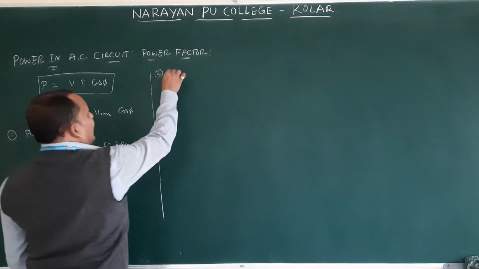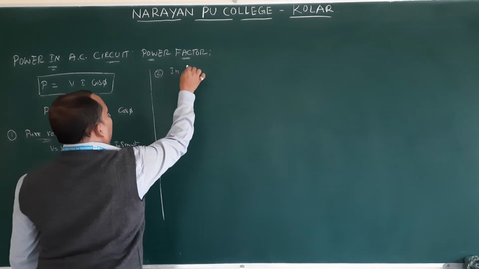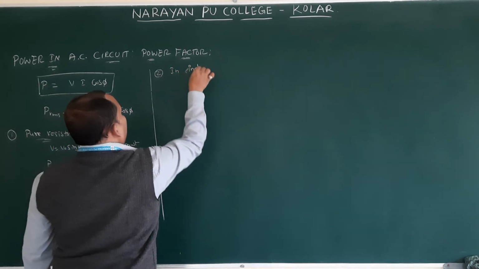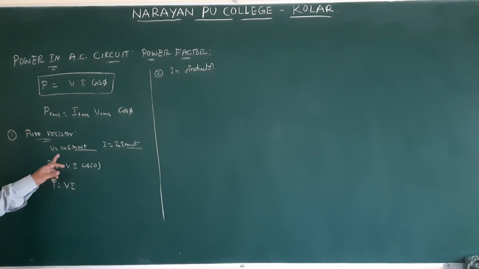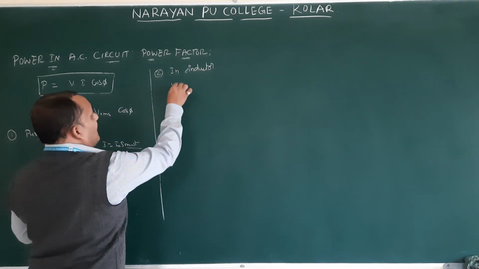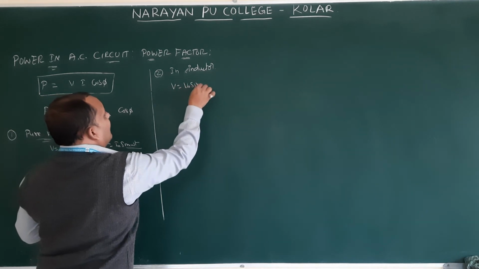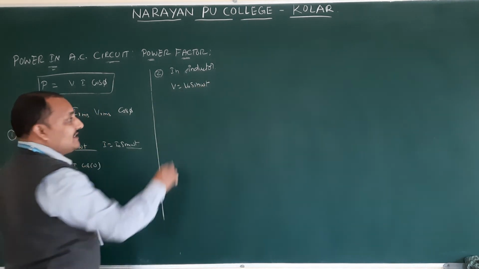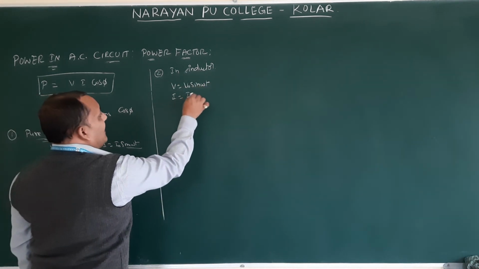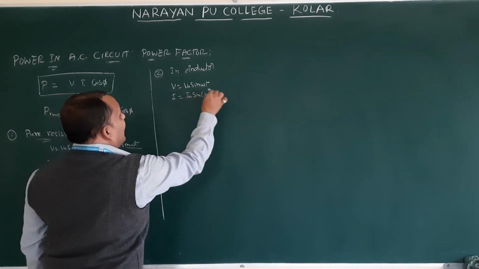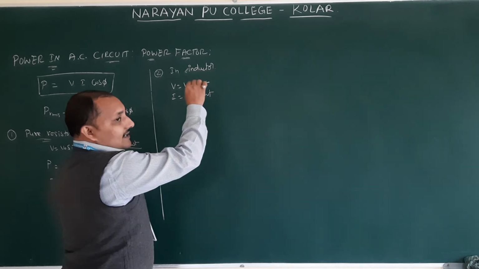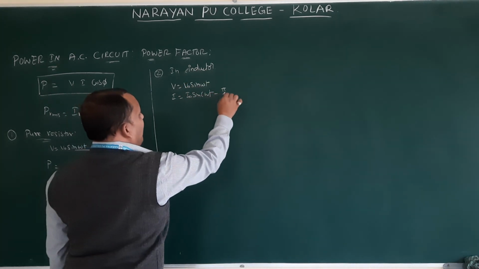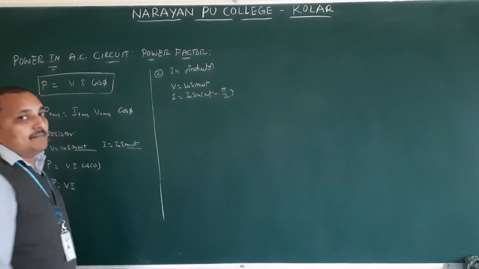The second one is the inductive circuit, or inductor. In an inductor, what voltage equation did we get? V is equal to V naught sin omega t. What current did we get? I is equal to I naught sin(omega t minus pi by 2). In an inductor, current lags, so minus pi by 2.